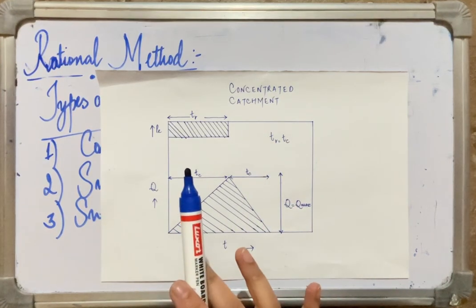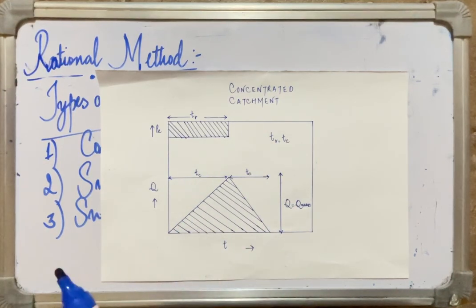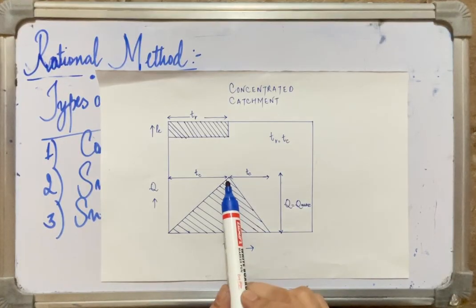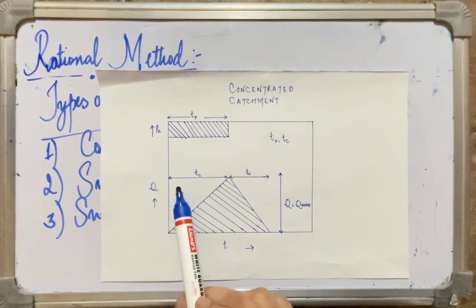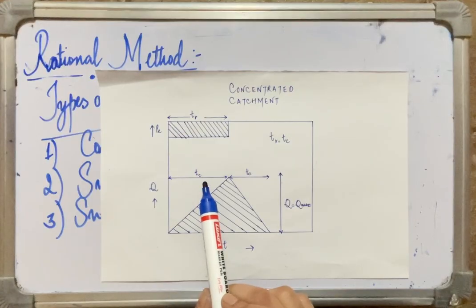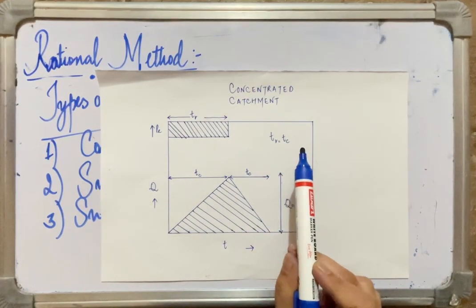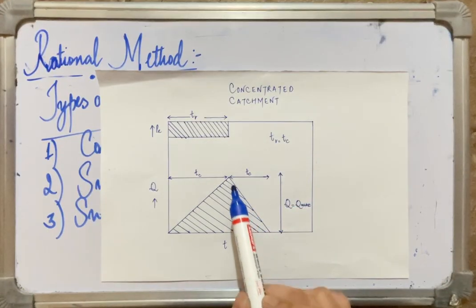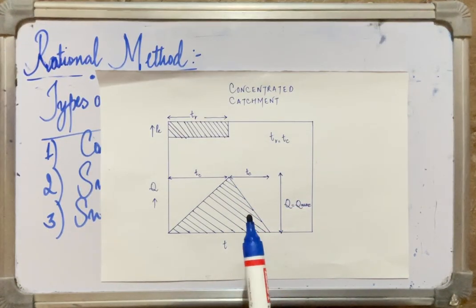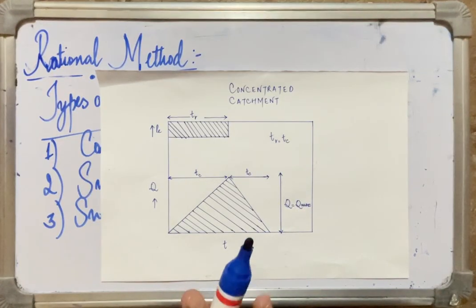In this type of catchment response, the runoff concentrates at the outlet and reaches its maximum rate after an elapsed time, which is equal to the concentration time, and rainfall stops at this time. That means rainfall duration is equal to the time of concentration, and the subsequent flows are no longer concentrated because not all the catchment is contributing at that particular time.